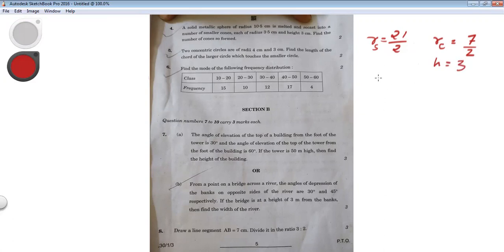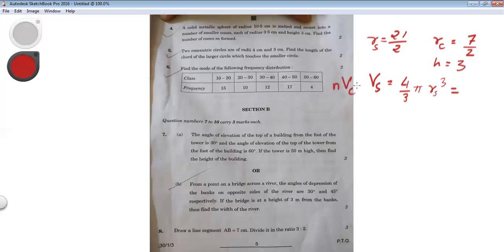So first we need to find the volume of cone. So the volume of sphere is nothing but 4 by 3 pi Rs cube, right? Now this must be equal to the number of cones times the volume of the cone, so V cone into n, right? As many as you want must be equal.